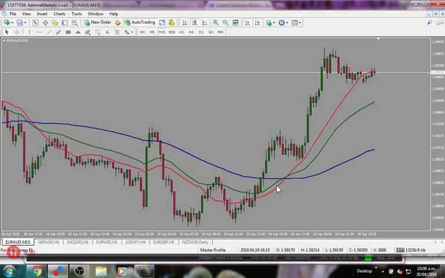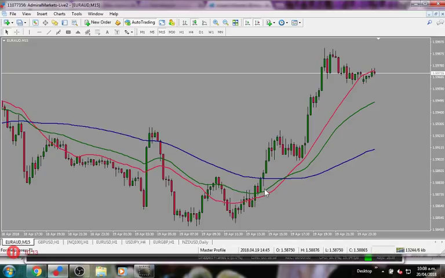The reason for that is because the shorter moving average, so the 20 EMA, will be more responsive to price than the larger moving average, because it uses fewer candles to plot its average value, so it will respond quicker when price moves.